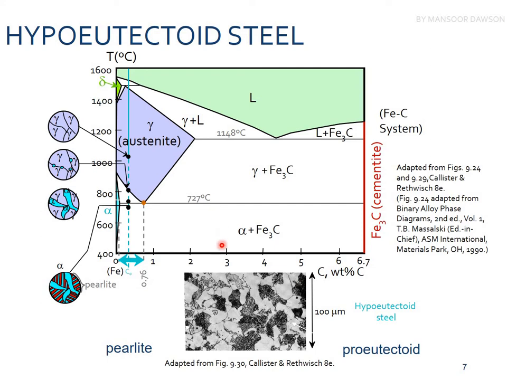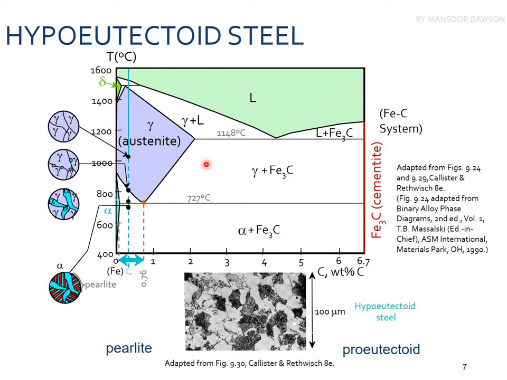Up to 2% carbon we have steel, and after 2% carbon the strength of the steel reduces and it is called cast iron. So from 0.3% to a maximum of 1.8% or 2% carbon, we usually have steels.